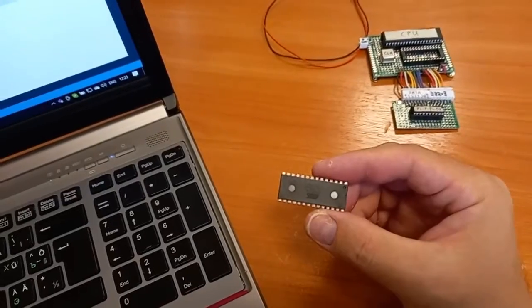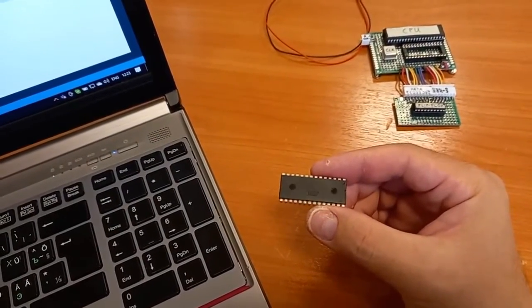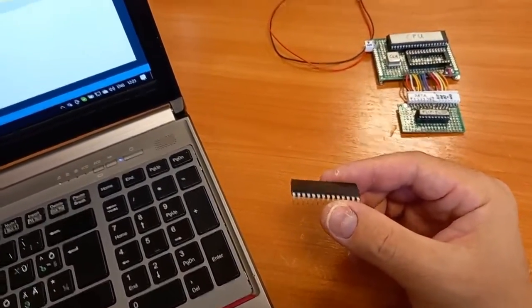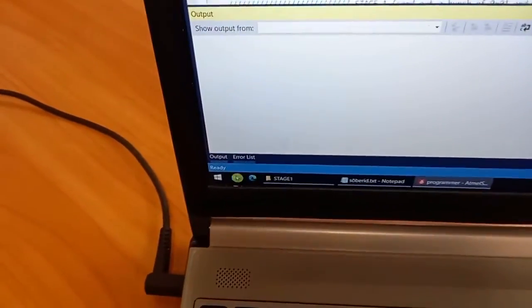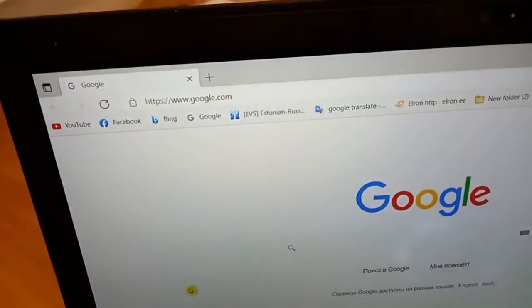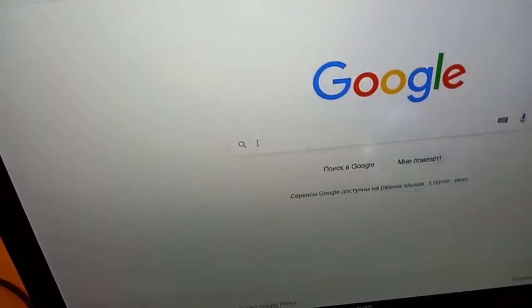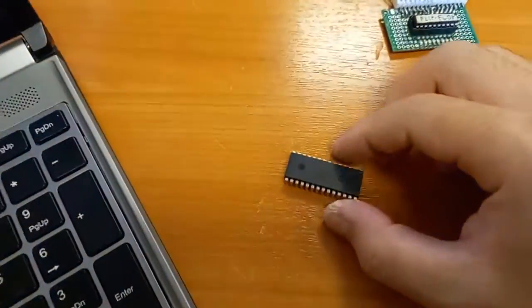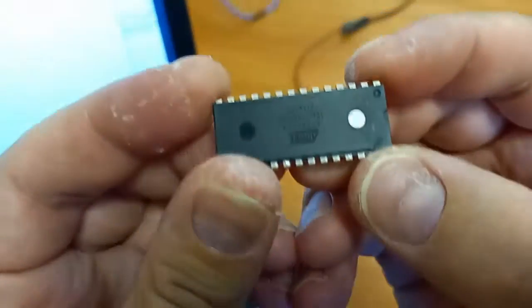The good ones are expensive, and you can buy them from, for example, Mouser. You can search for this chip; I have the chip's name in my folder there. You can find the required components.